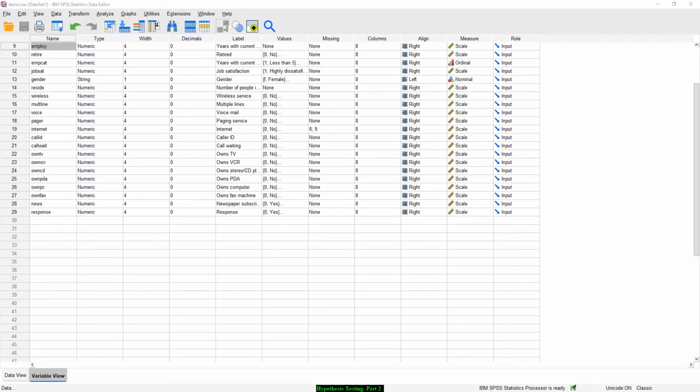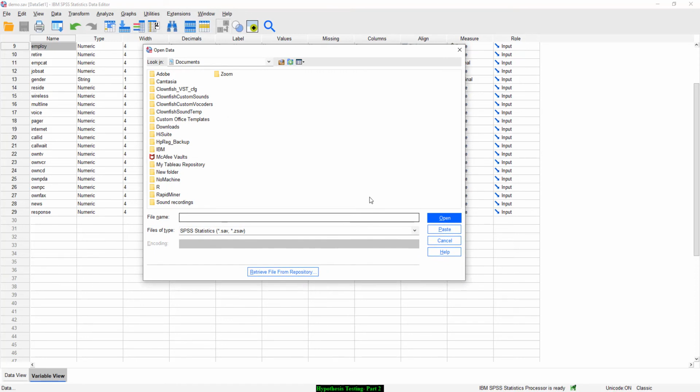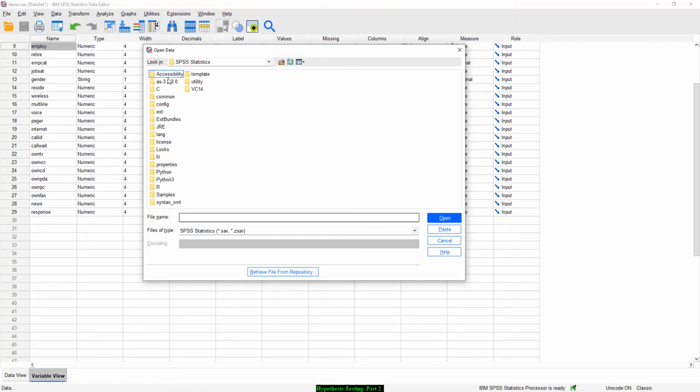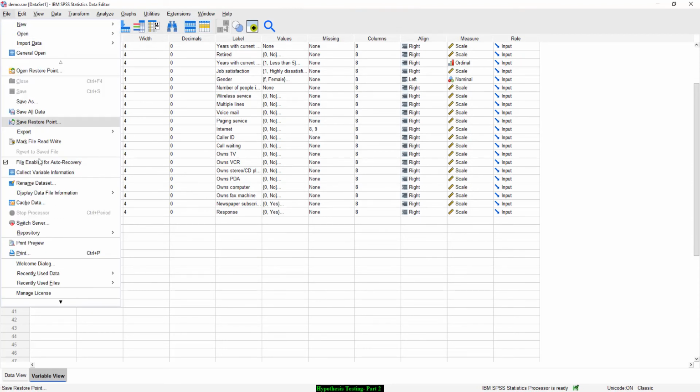If you are using 27 and below, go to C, find the program files, find IBM SPSS Statistics, then choose Samples, English, and find demo.sav. If you are using the current version 28, you just go to File and click on Welcome Dialog.